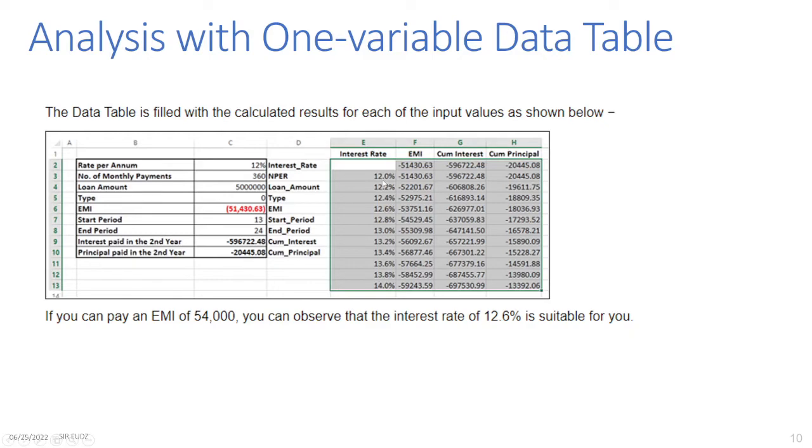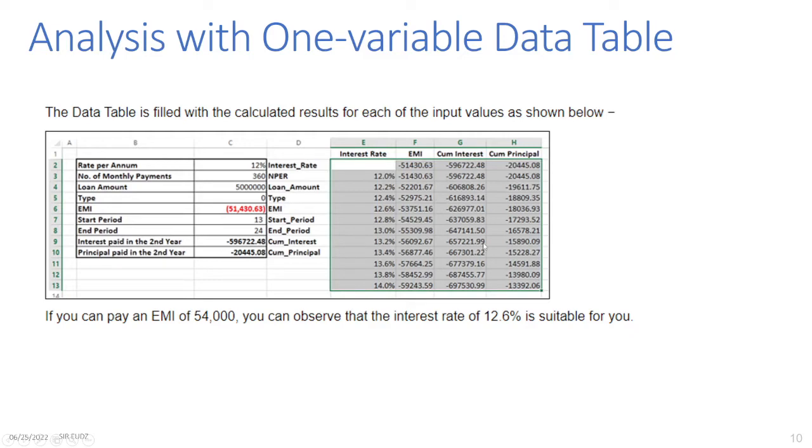So these are the interest rates, and these are the values. Of course for 12%, because this is 12%, this will be the same value as the previous one. So if we use 12.2, you notice there will be differences.